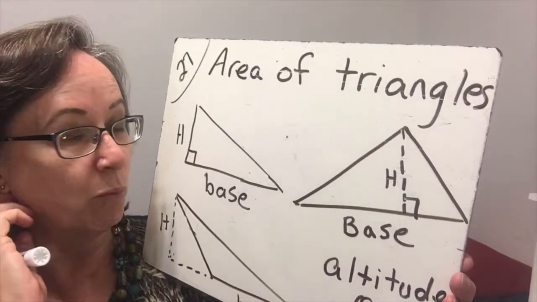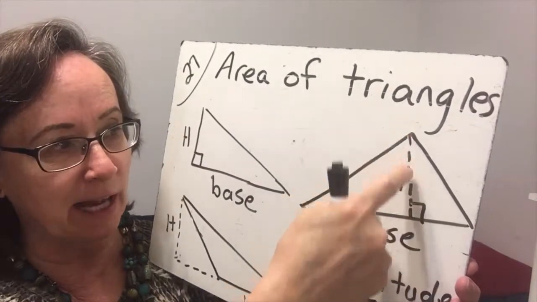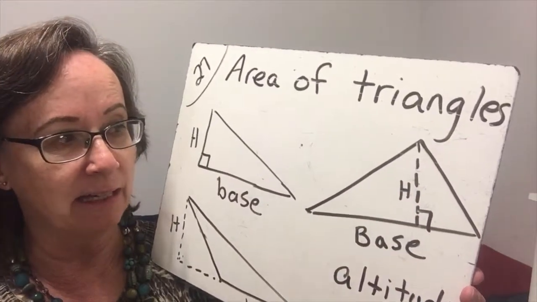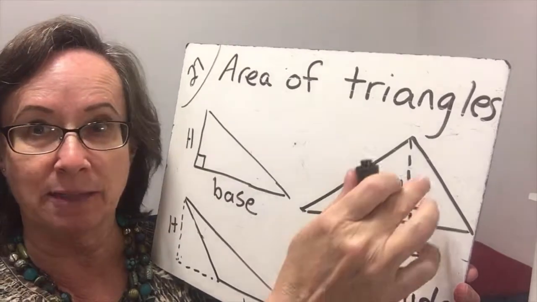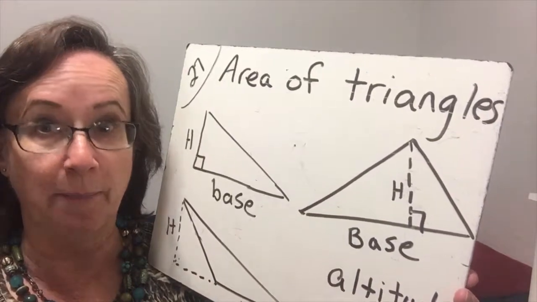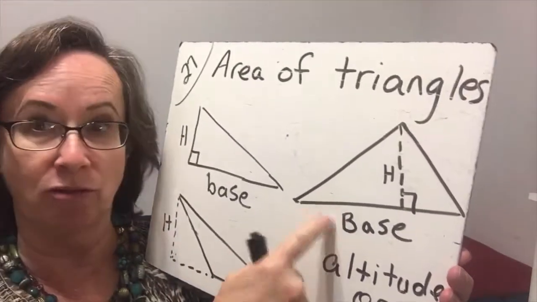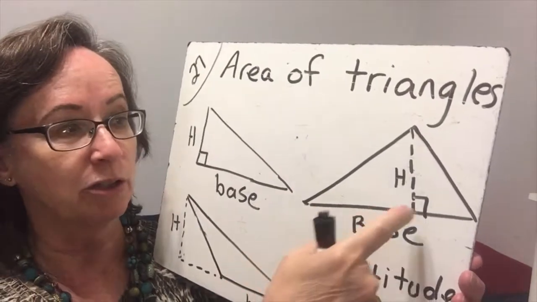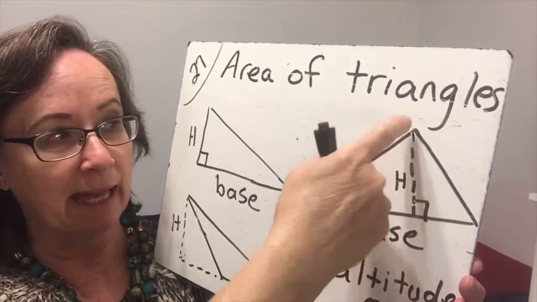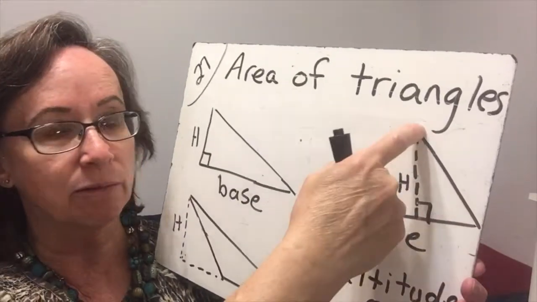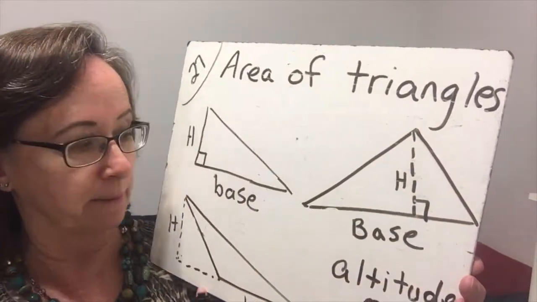So when we do that, if we can find that length, that is then the height, and we will have the base times the height divided by 2, or 1/2 base times height. So it's no biggie if you don't have a right triangle. You're just going to make a perpendicular line to the base through the other angle there.